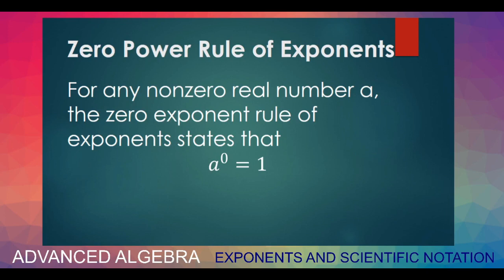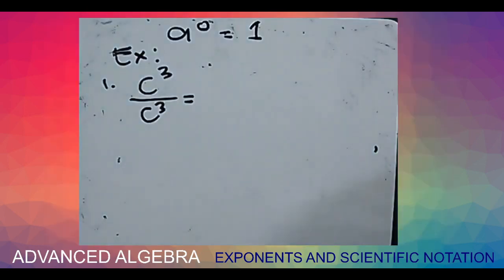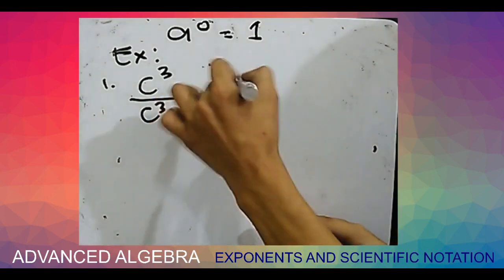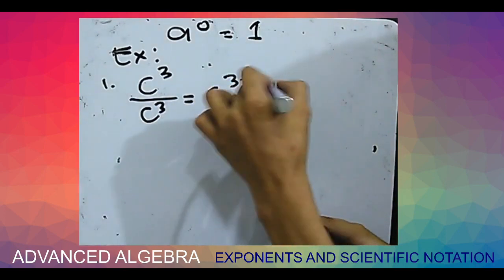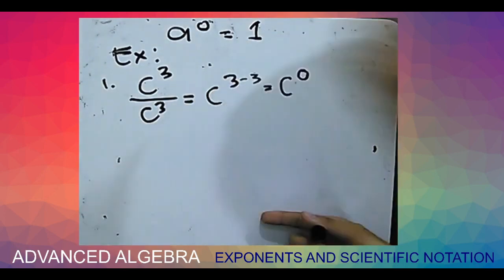Next, tumungo muna tayo sa example. Magbigay tayo ng example. C to the third power, c cube divided by c cube is equal to, i-apply natin ang quotient rule of exponent, magiging c to the third power minus 3, equals c to the zero power.